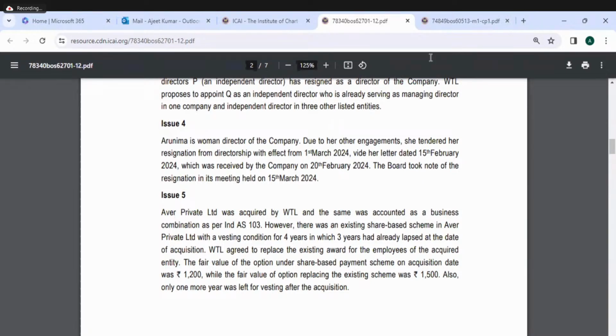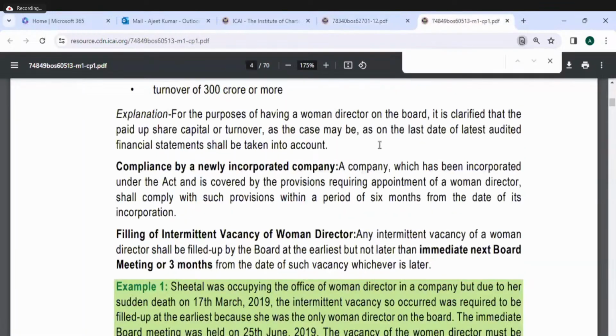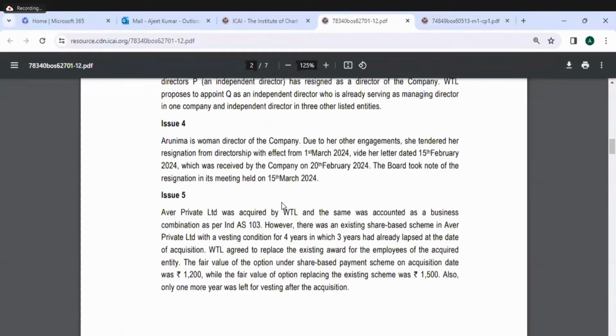So the effective date of resignation matters, 3 months from the date of such vacancy. The date of vacancy, because they have written with effect from 1st March 2024. Supposedly, a person has resigned and given the resignation with effect from today. So it will be effective from today.